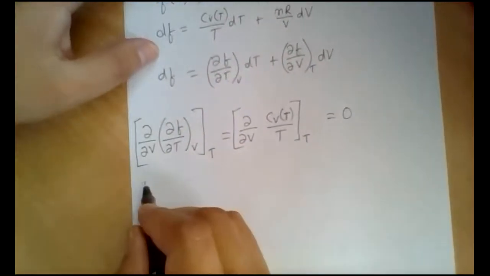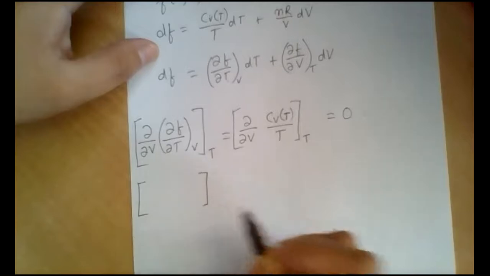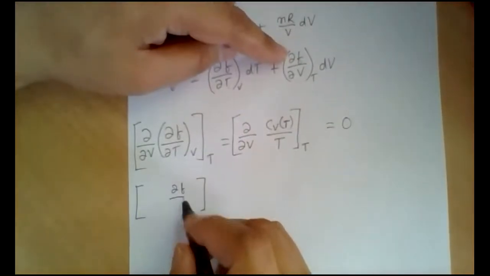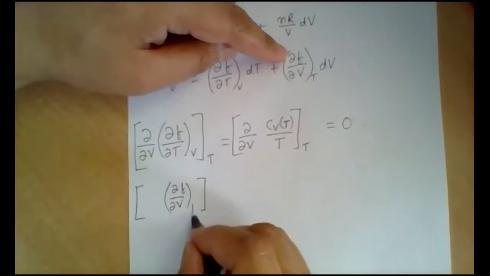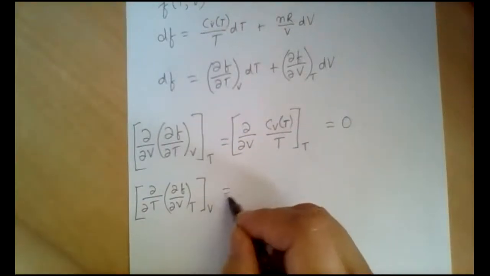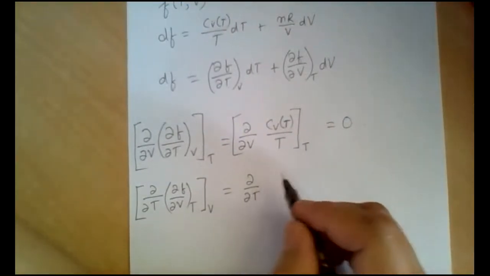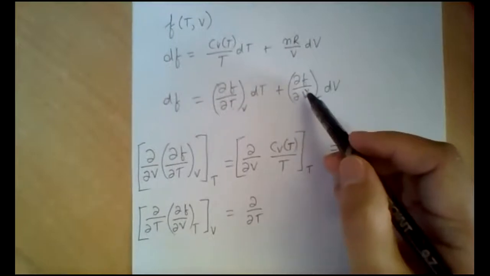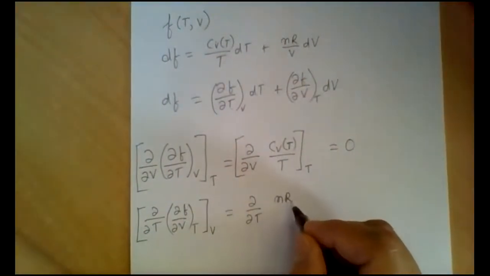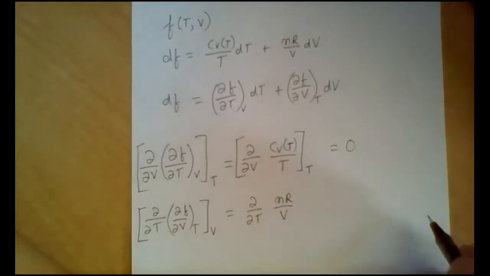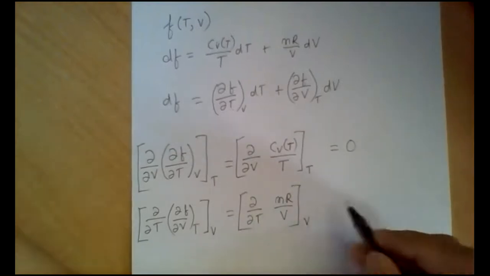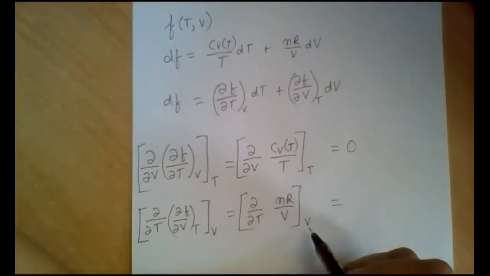Next, let us calculate the other mixed second derivative. This is del F by del V at constant temperature, differentiated with respect to T at constant volume. This is del by del T of del F by del V. Del F by del V should be equal to nR by V. And this is calculated at constant volume. n is constant, R is constant, V is constant.